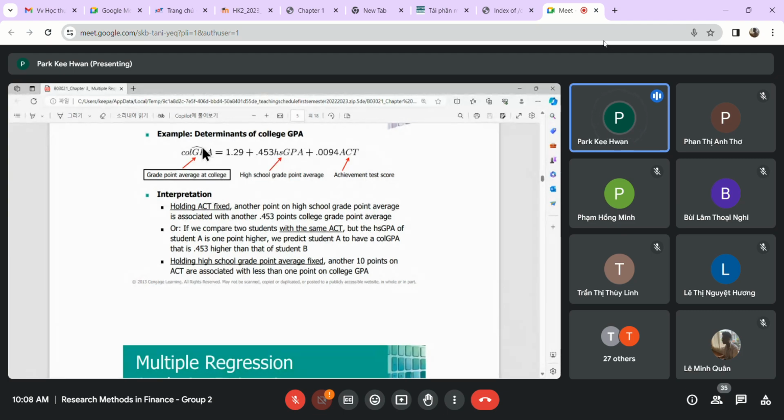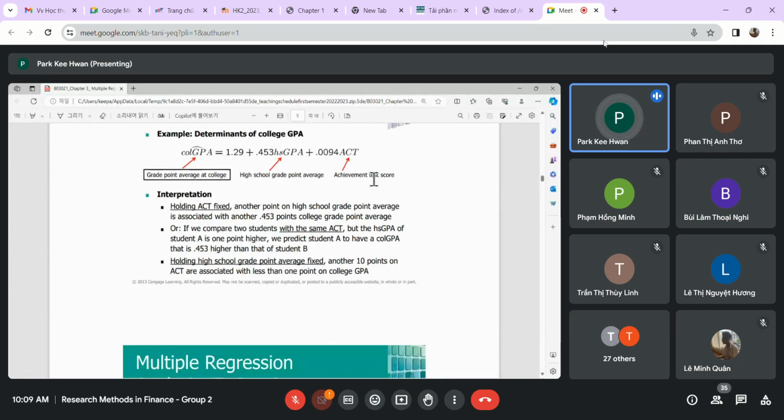Here we have the grade point average at college, and your estimate of the intercept is 1.29, and your estimate of the slope parameter is 0.453 associated with the high school GPA, and the second slope, you estimate the value of this second variable is 0.0094, which is associated with the achievement test score.